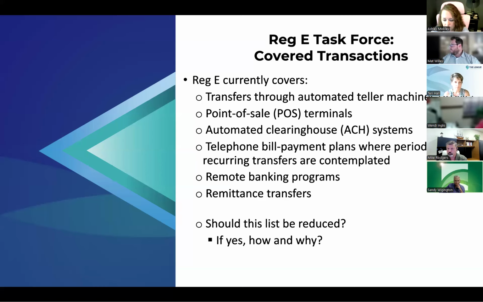Wendy, to your point, the only thing I would question on lumping everything together is that with the way ACH exists today, with the MICR number and the routing number being on the bottom of any check, I'm just not sure about some of the security features that exist on the card side that maybe don't yet exist on the ACH side. So that would be my only question there.